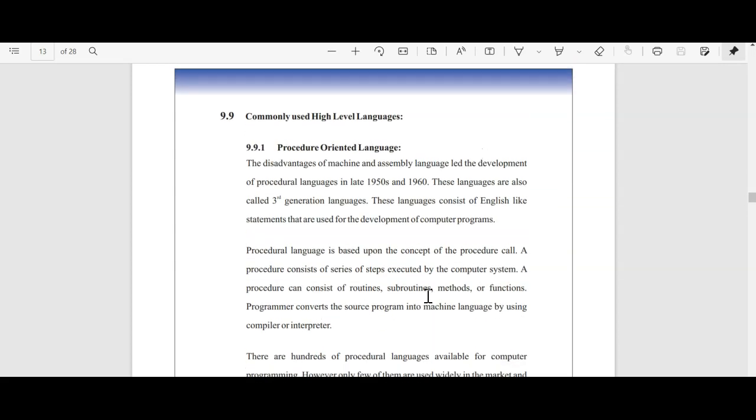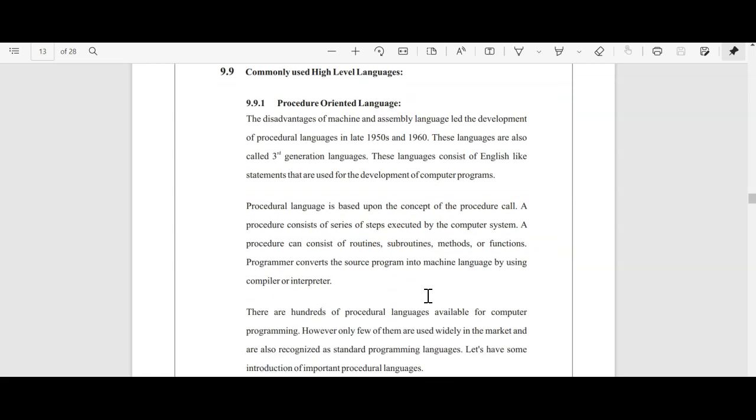The procedure oriented languages work on some basic procedures. The disadvantages of machine and assembly language led to the development of the procedural languages, in the late 50s and 60s. They are also called third generation computer languages.